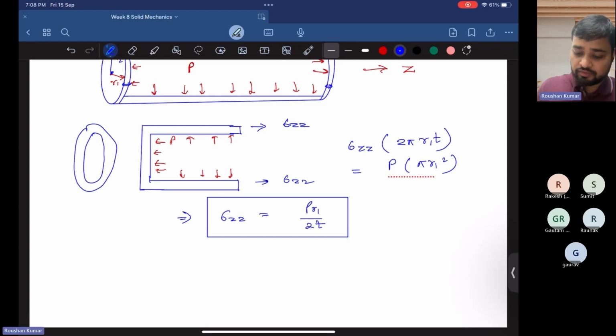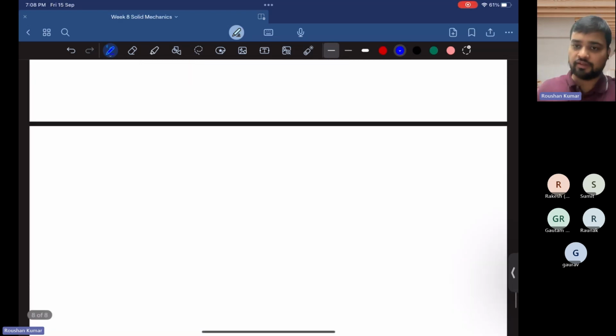Now coming to sigma theta theta. This is a cylinder, so we have to cut it along the radial direction, that is, cut the cylinder in half at the mid plane. If we cut the thin pressurized vessel, it will look like this.